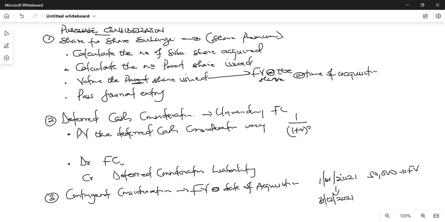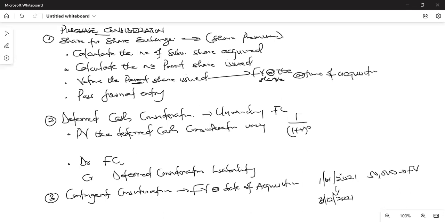So the standard says that if the change in the fair value is due to additional information obtained that affects the position at acquisition, like events after financial reporting, then you need to go back and redo your goodwill with a new figure.